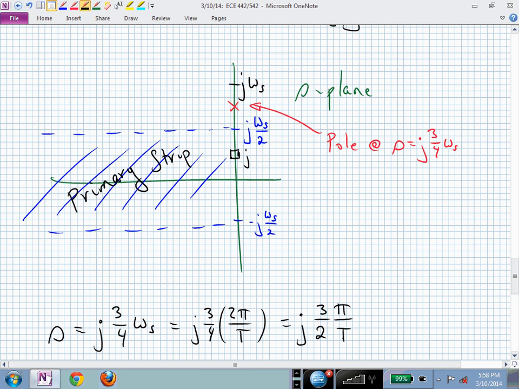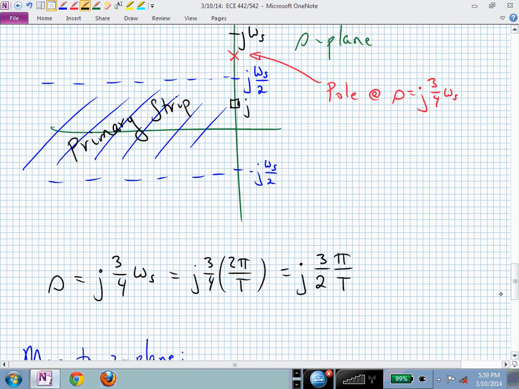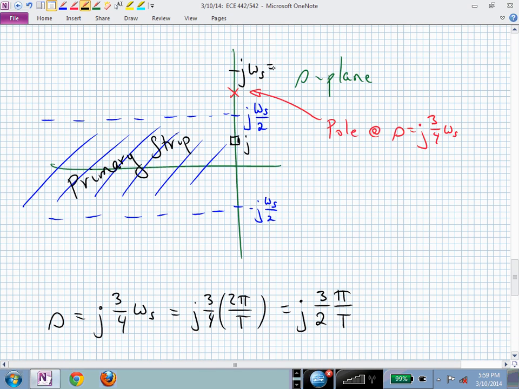And in terms of where we started, we could write that as j 3 pi over 2T. We now are 1/3 of that way up the imaginary axis, so this is now actually occurring at j pi over 2T in terms of what we see.